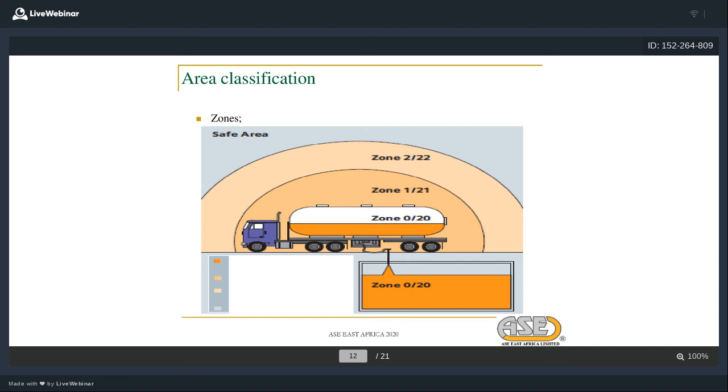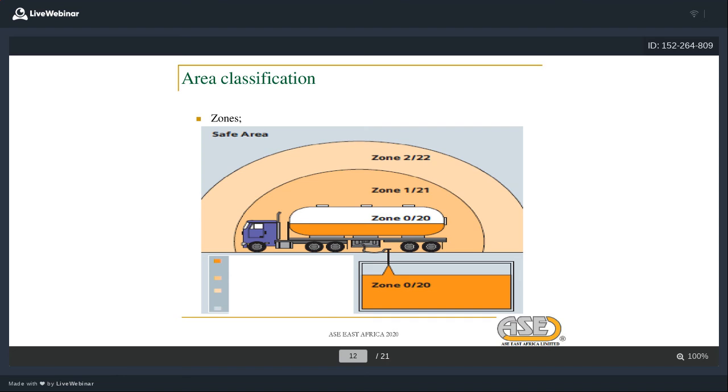And moving further away from the material, zone 2 is where the explosive material is not likely to be present under normal operating conditions. We call them zone 2 for gases and vapors, and zone 22 for dust and particles.